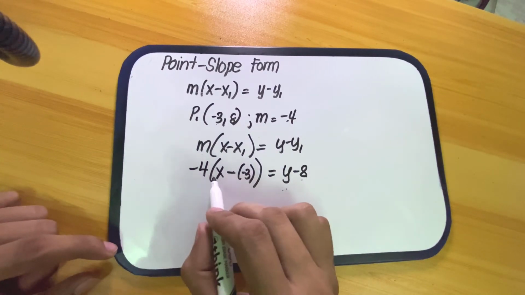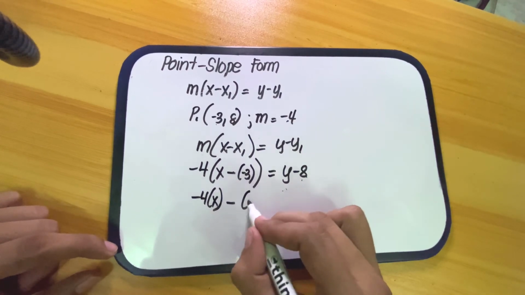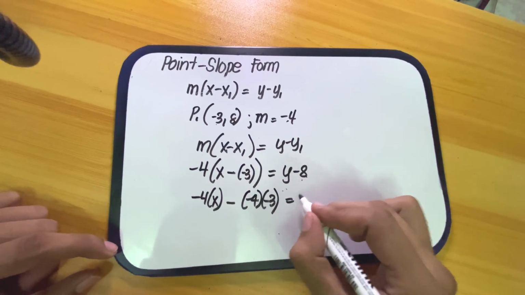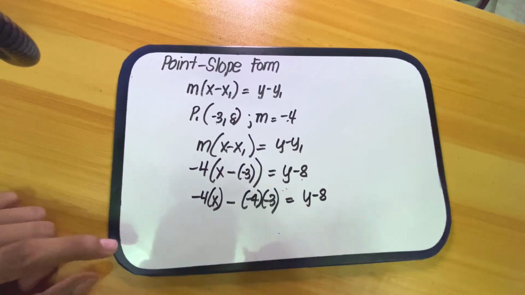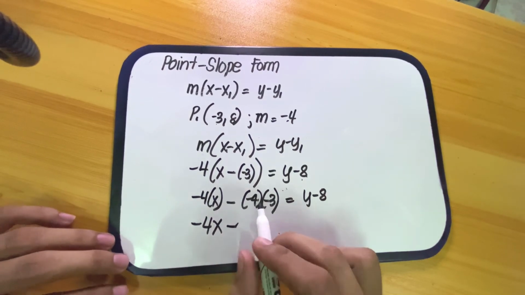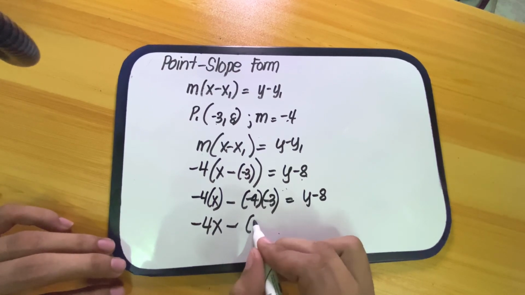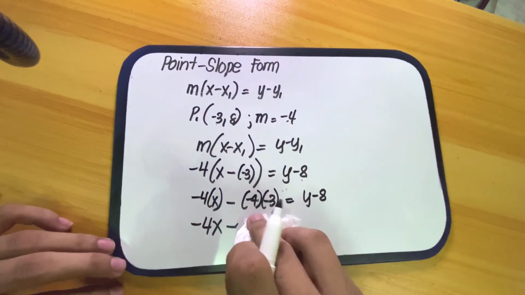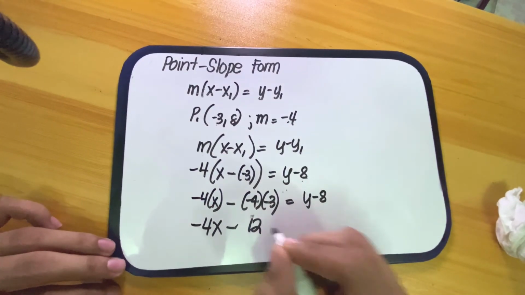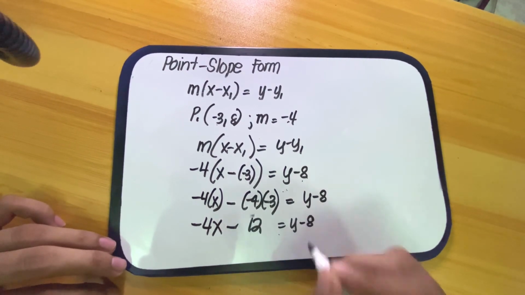Okay, then multiply negative 4 times x minus negative 4 times negative 3 equals y minus 8. So negative 4x minus negative 4 times negative 3, that is positive 12. Okay, equals y minus 8.